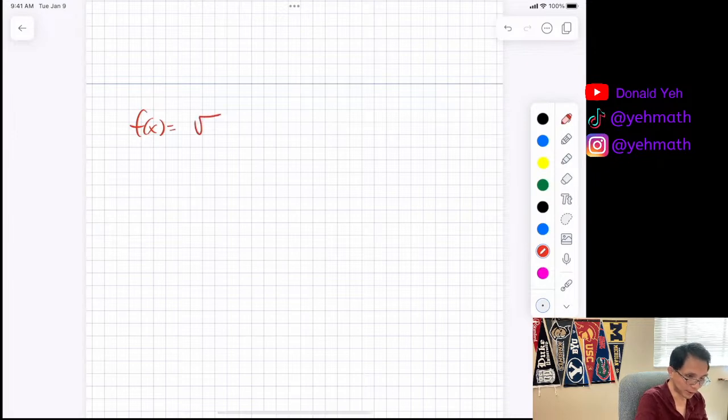How do I take a derivative of this? Remember, do algebra first.